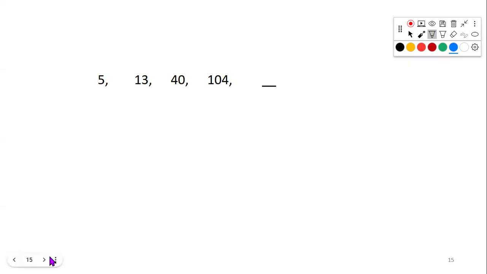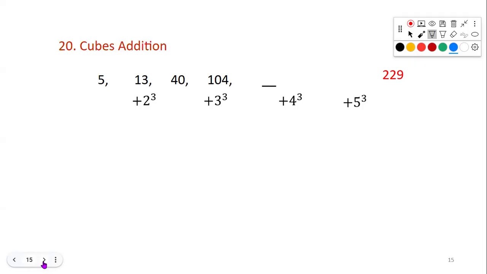So it is basically in cubes now: 2 cube, 3 cube, 4 cube, 5 cube. You should add. The answer is 229. So it is in cubes. Try this one.